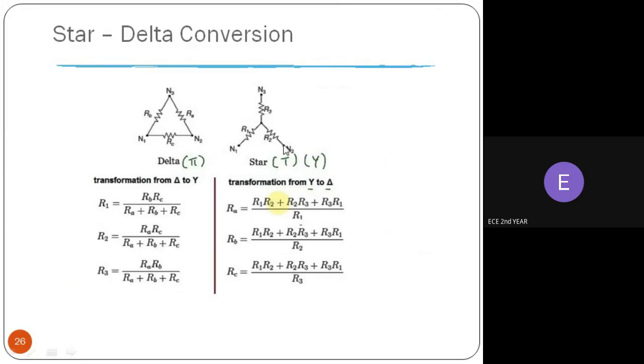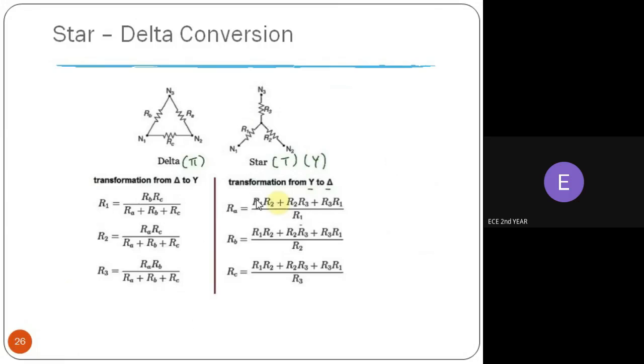And the next one is star to delta connection. Here R1, R2, R3 are the 3 resistances connected in a star connection, which could be converted into delta. The resultant delta resistance values are RA, RB, RC, and RA could be calculated with the formula R1 into R2 plus R2 into R3 plus R3 into R1 divided by R1.